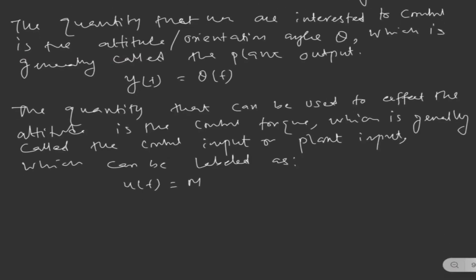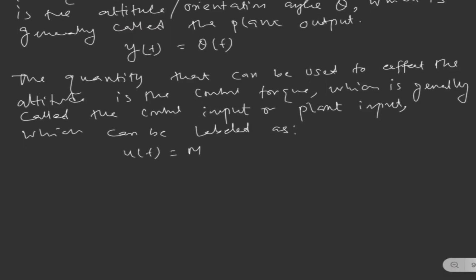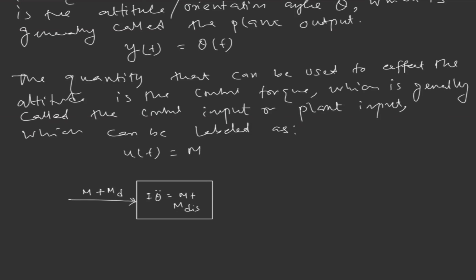If you write it in block diagram form, this is our plant, which is basically I theta double dot equal to m plus m dis. Here, this is the total moment coming to the system, m plus m dis.